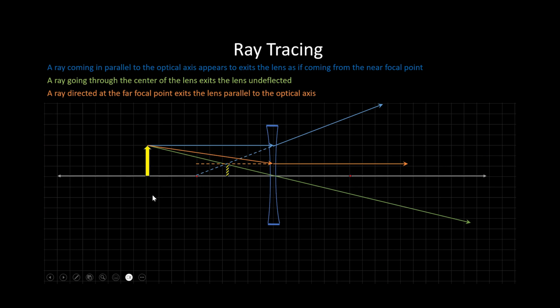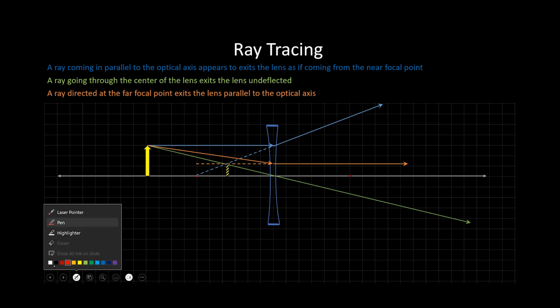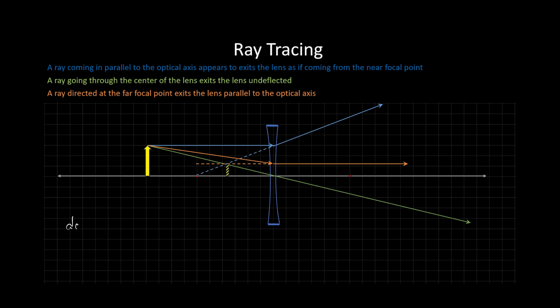Let's take do, the object distance, to be 50 units. And then the focal length is 30, but it's negative 30 units or negative 30 centimeters.